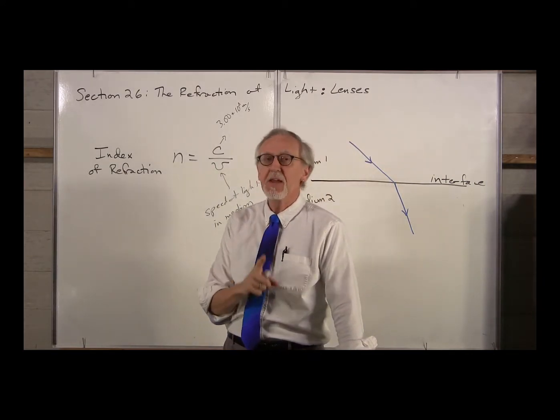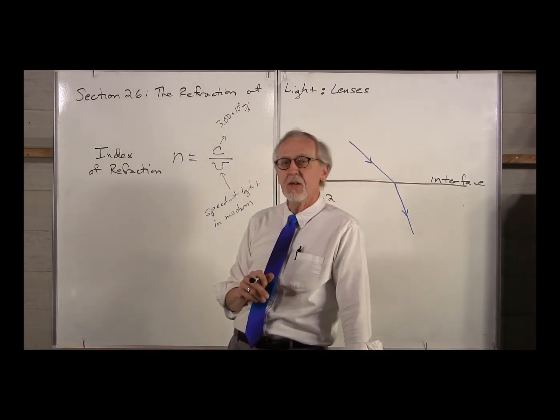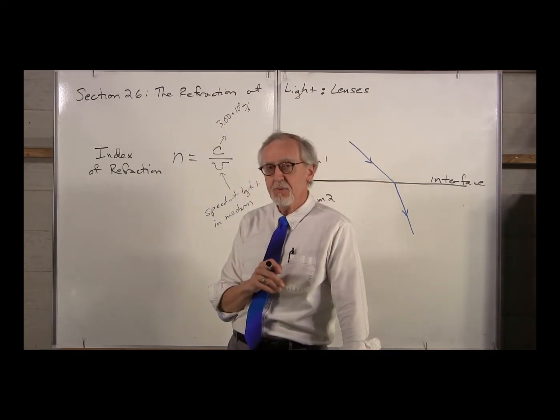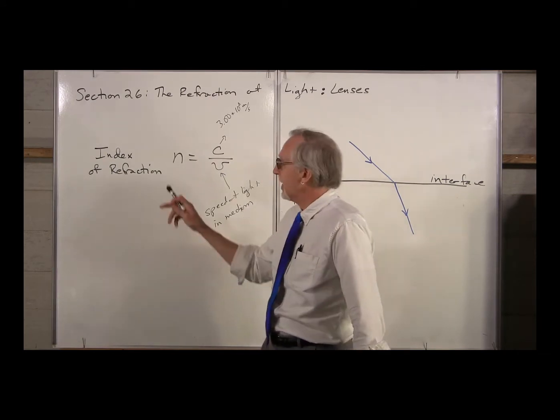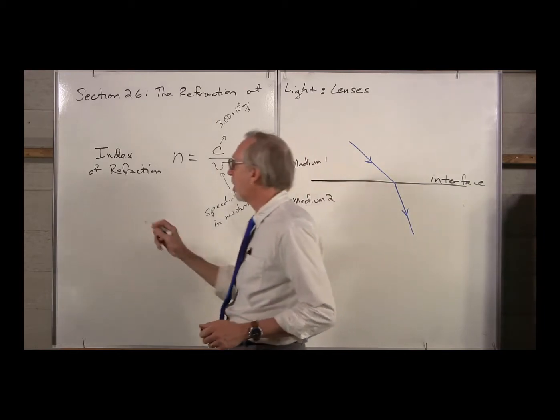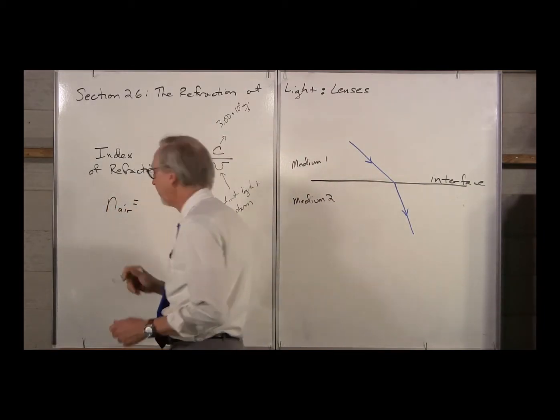Here is a number that I want you to remember. Remember, I already told you, you need to remember the value for c. Another value you need to remember, and in particular I'm talking to the students taking my class, is the index of refraction for air. I'll write this as n sub air.